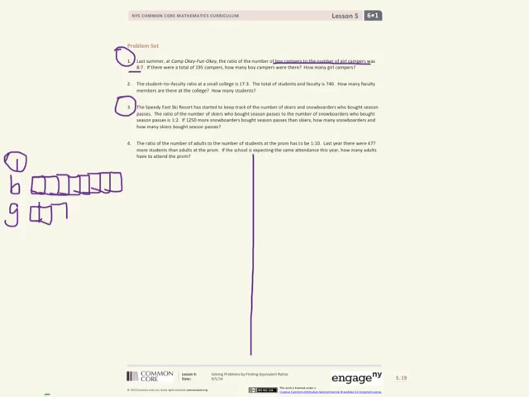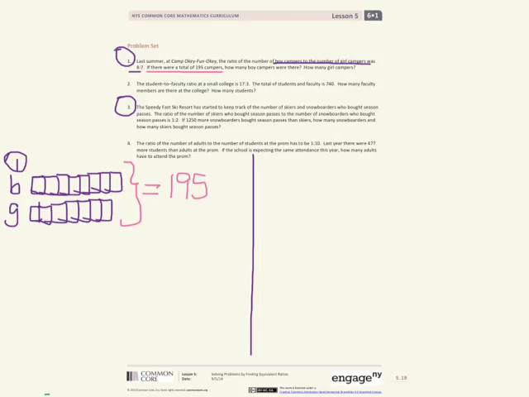What else do I know? I also know that there's a total of 195 campers. So that means boys and girls together equals 195. That's the total number of campers.